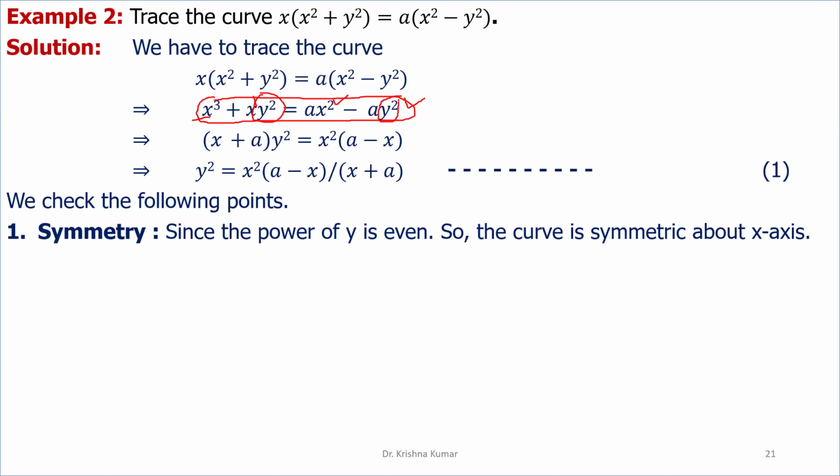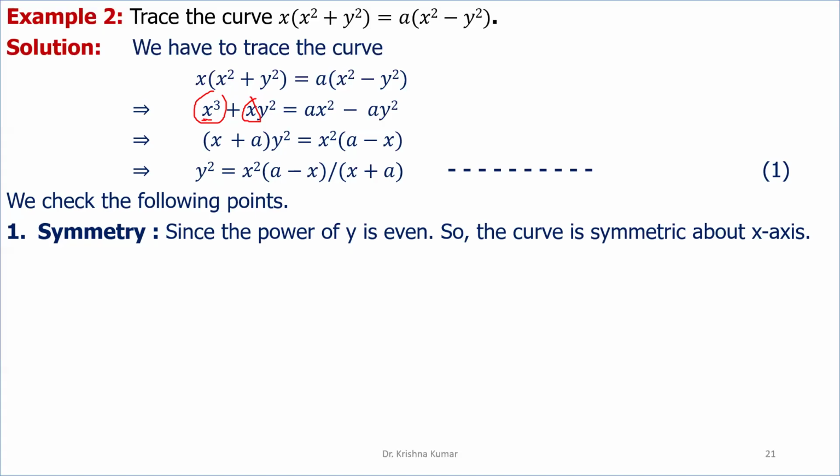Now, since the power of x is not even, it is 3 and 1 here, this curve is not symmetric about y-axis. Since the power of x is also odd, it is also not symmetric about both the axes. If you want to check symmetry about opposite quadrant, if we replace x by minus x, the equation of this curve will change, so it is also not symmetric about opposite quadrant.